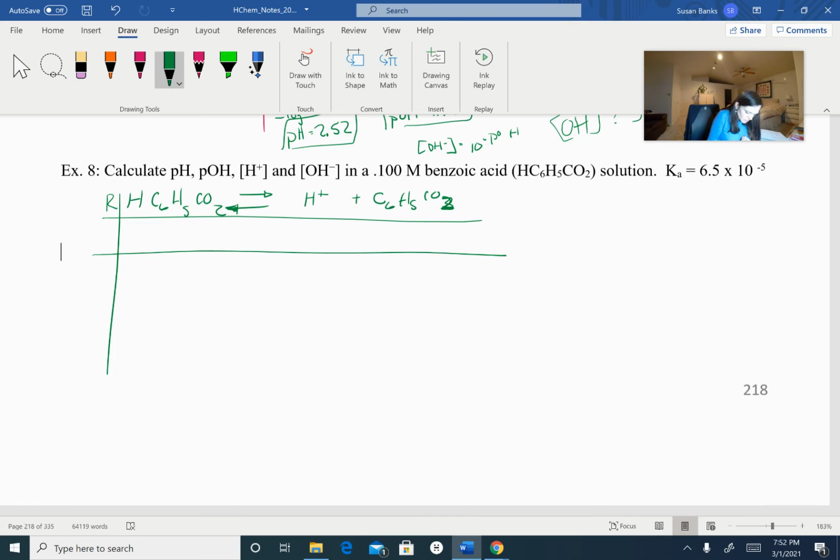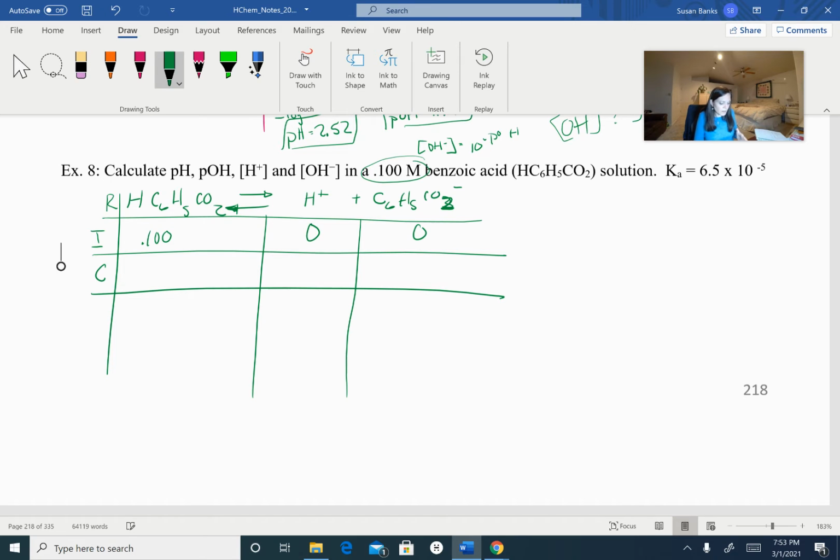Next, we need to create the I line. Remember, the I is our initial concentration. So our initial concentration is 0.1 molar benzoic acid. We're going to pretend that we start with no hydrogen and no benzoate. Next we have our change line. Notice in our reaction we have a 1:1:1 ratio.